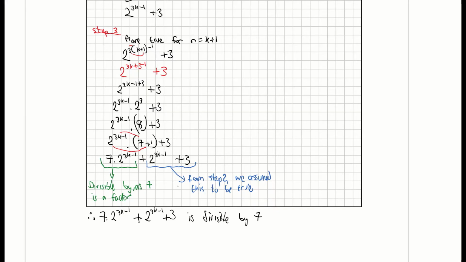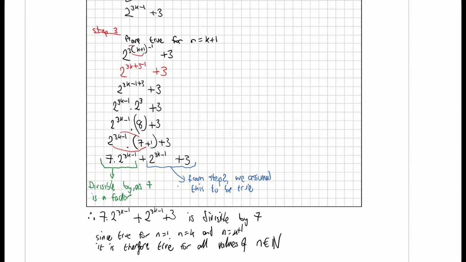And the reason why is, we said that it is true for n is equal to 1, assumed true for n is equal to k, and proved true for n is equal to k plus 1, it is therefore true for all values of n when n is a positive integer, a natural number.